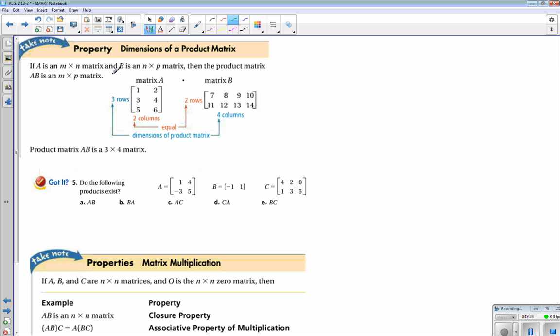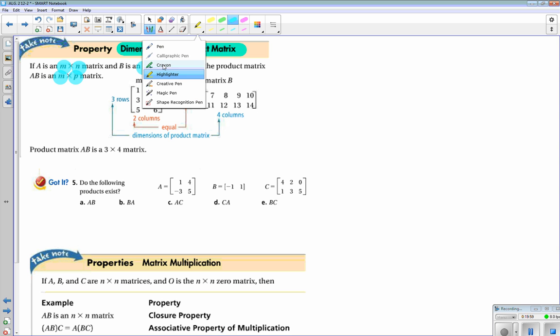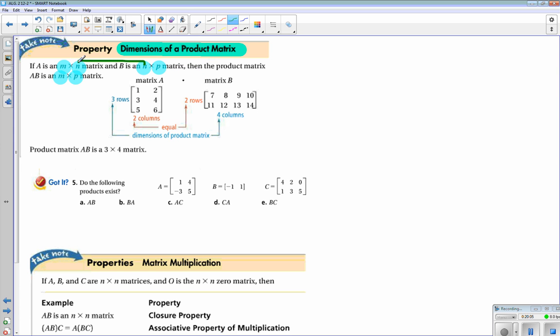All right, so let's make it official. The dimensions of a product matrix: if I have an M by N matrix and B is an N by P matrix, then the product is M by P. So in this scenario, what I try to look for is that when you put them side by side, the ones that sit right next to each other have to be equal.